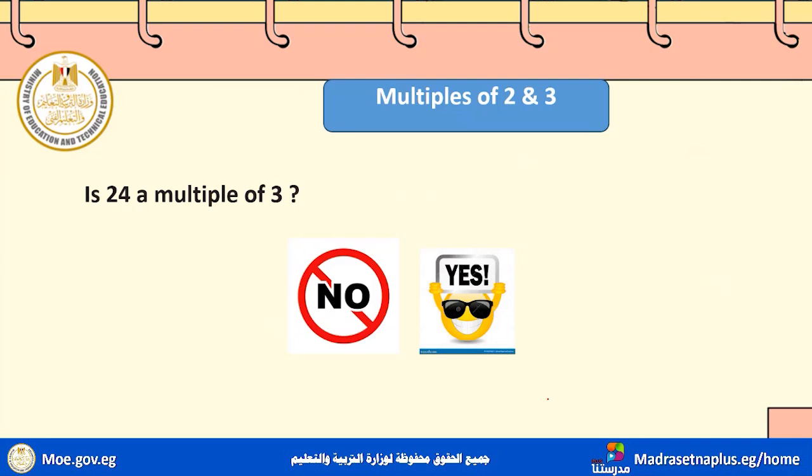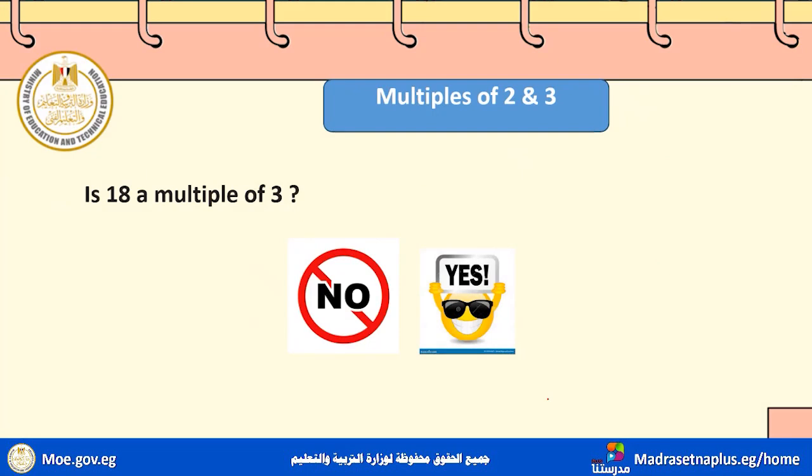So the right answer is yes. Is 18 a multiple of 3? I think we start with 3. So 18 is a multiple of 3. If you face any trouble, try to check your answer with the 120 chart. Now our question: is 18 a multiple of 3 or not? So 18 is a multiple of 3.